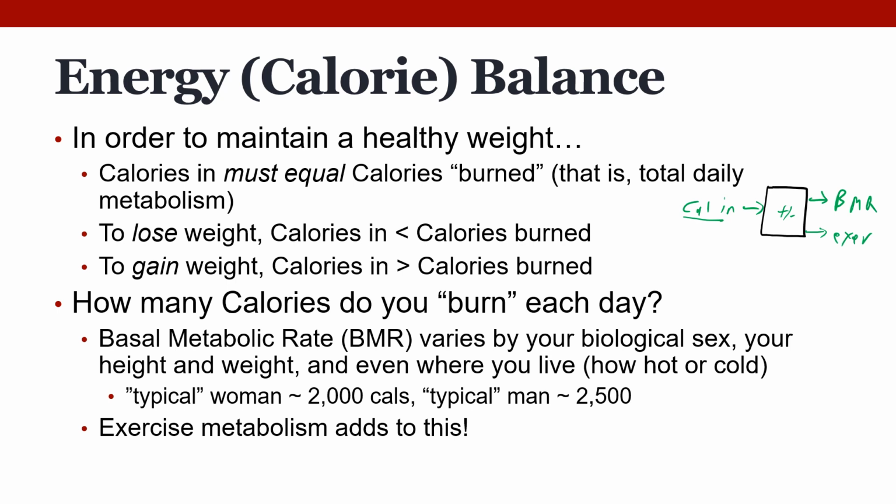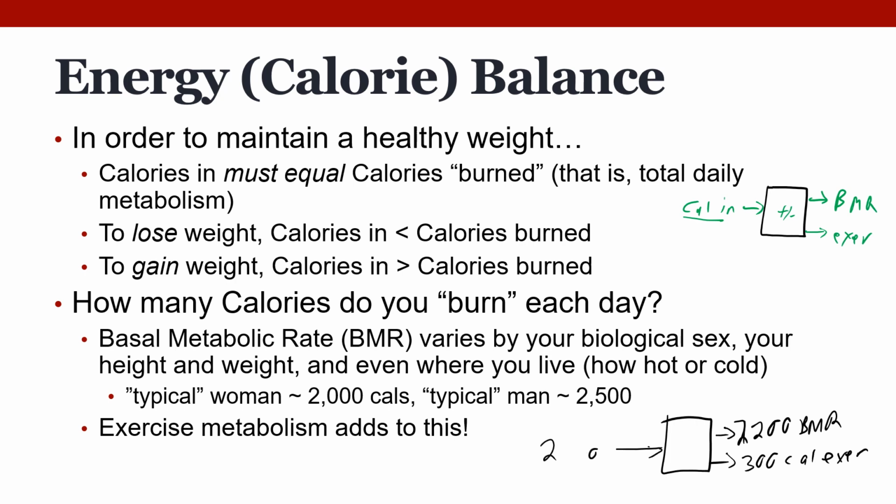So let's say I'm a typical man who's burning 2,200 calories for my BMR, and I do a 300 calorie exercise a day. Then to maintain my weight, I need 2,500 calories in.